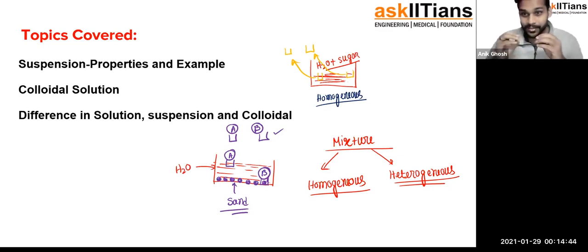That part is my favorite. That is a heterogeneous mixture. If you do not stir the tea properly, the taste is different in two places. So that is called a heterogeneous mixture.